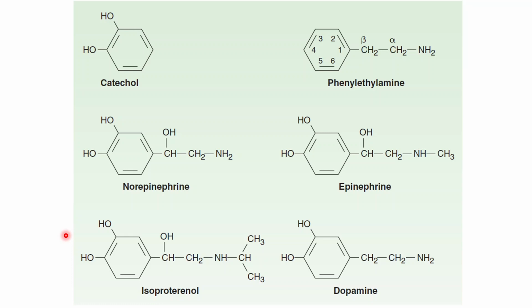Maximal alpha and beta activity is found with catecholamines, drugs having the 3 and 4 hydroxy groups on the benzene ring. The absence of one or the other of these groups, particularly the C3 position without other substitutions on the ring, may dramatically reduce the potency of the drug.